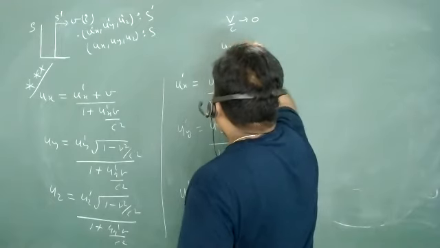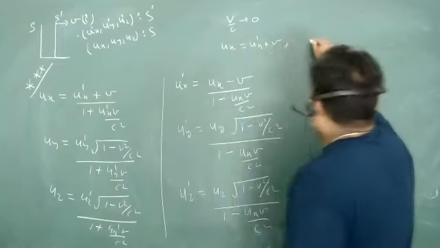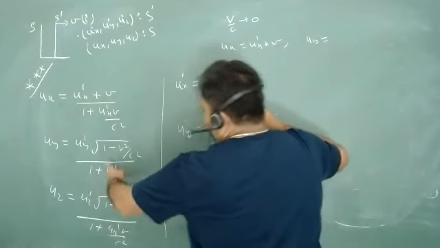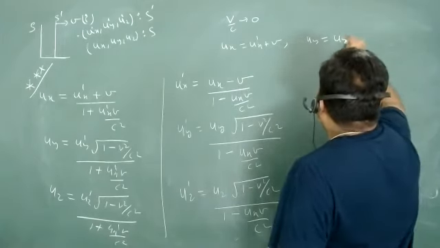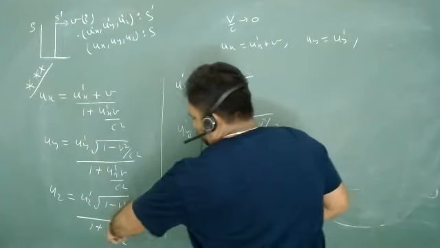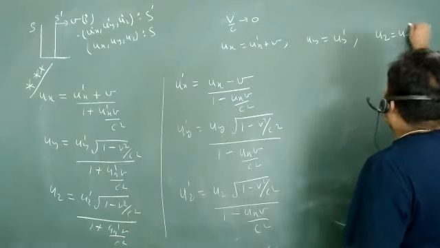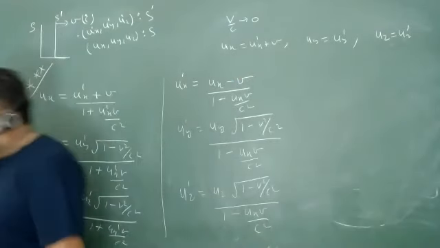Exactly ux is equal to ux dash plus v, and uy is equal to uy dash, since this part is also 0. So you have uz equal to uz dash, exactly as in Galilean, isn't it? Exactly as Galilean.